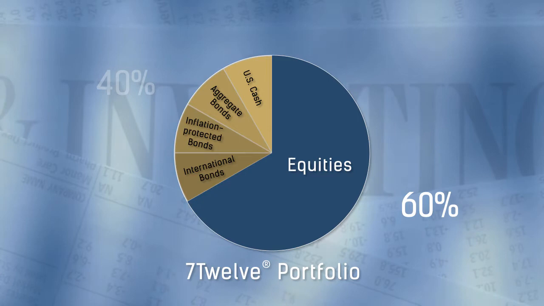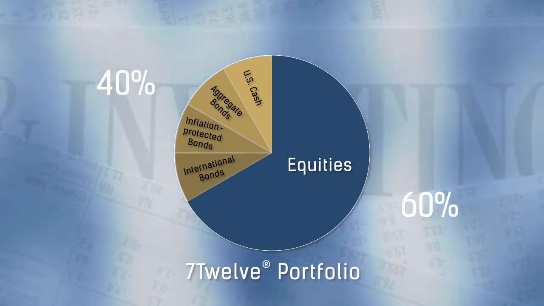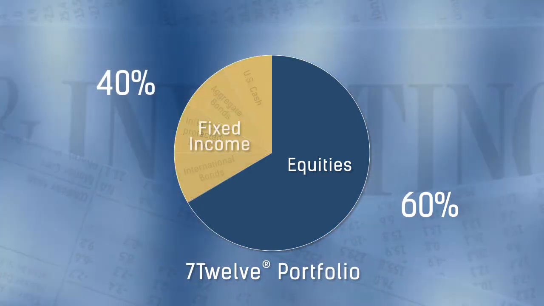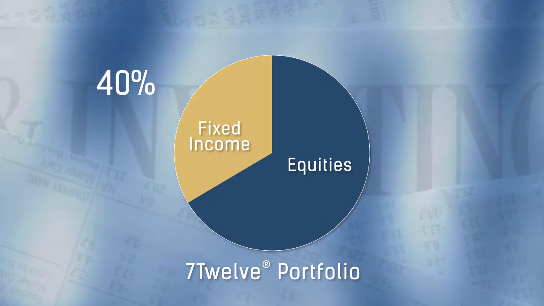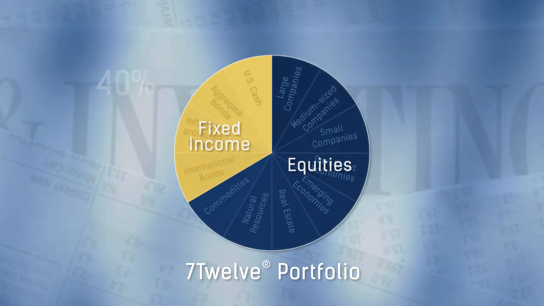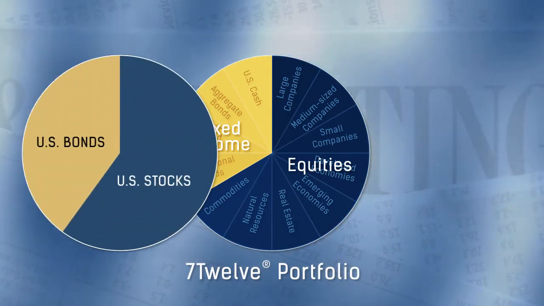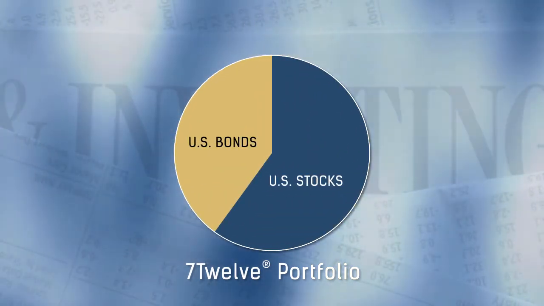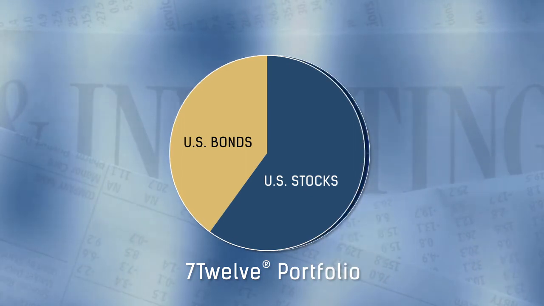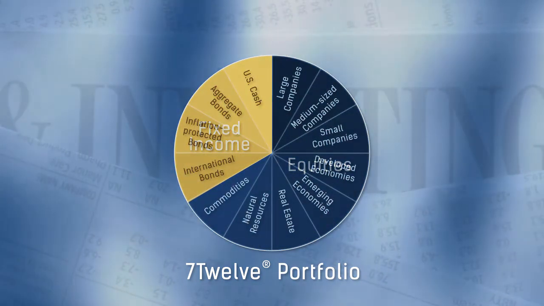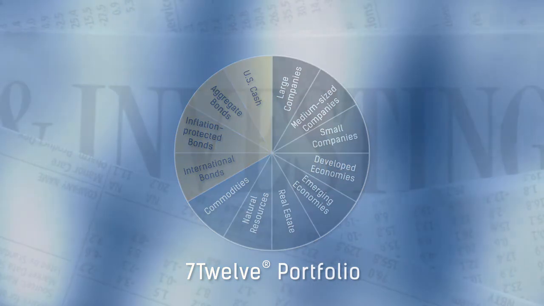The remaining 40% of the 7/12 portfolio represents fixed income type instruments. So overall, owning all 12 subcategories equally in a 7/12 portfolio ultimately follows the generally accepted 60/40 standard guideline of a balanced portfolio.